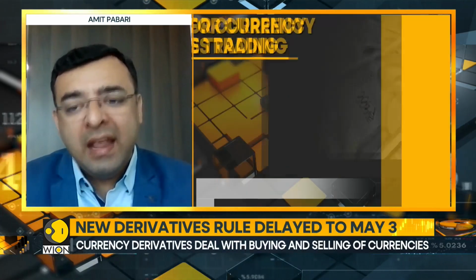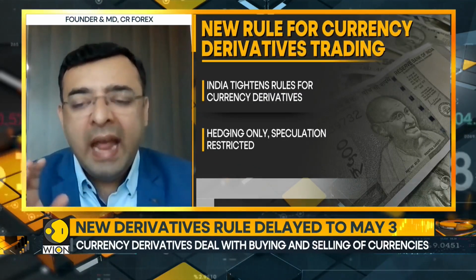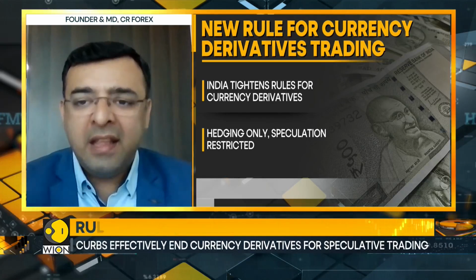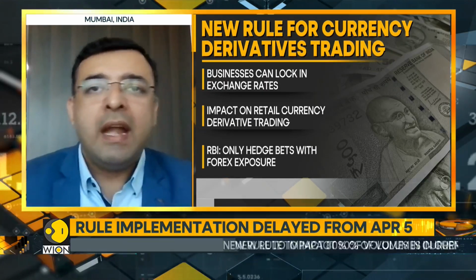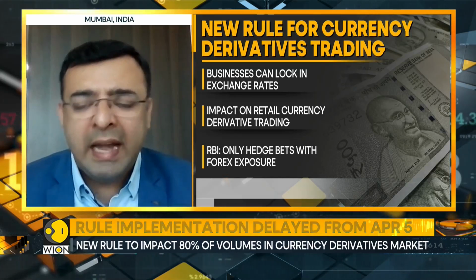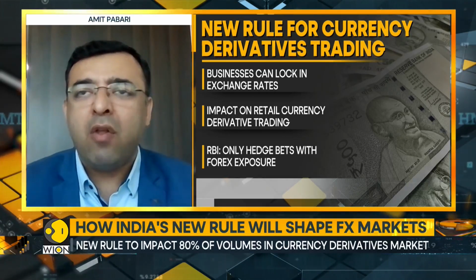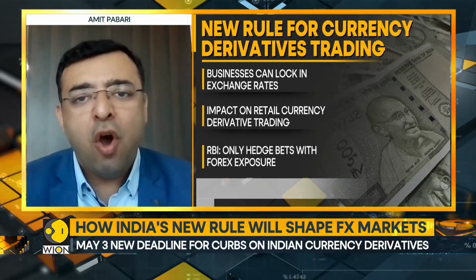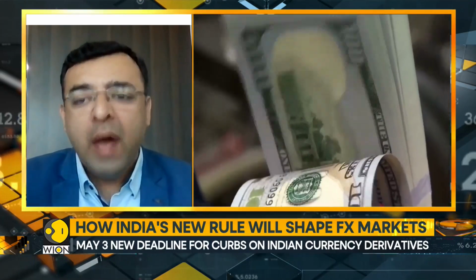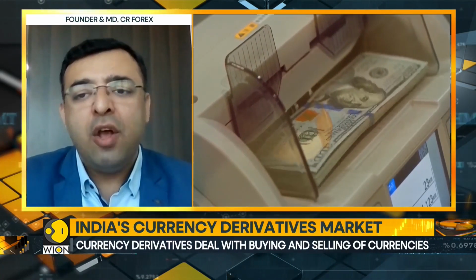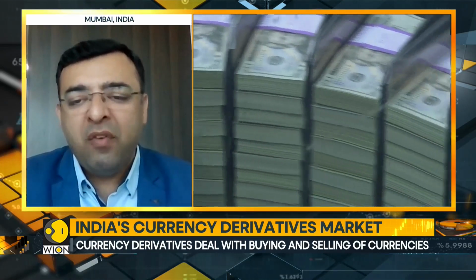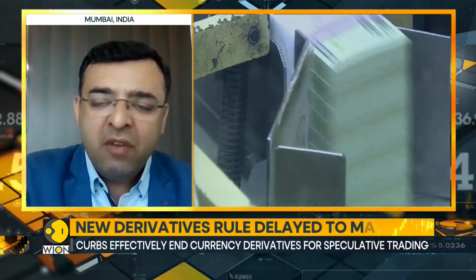Now, as far as hedgers are concerned, hedgers can hedge in bank also, and hedgers can hedge in the currency derivative segment also. Now, we have close to 500 clients all across India, and out of that, 85 to 90% of hedgers prefer to hedge in bank. Only 10 to 15% of exporters or importers will prefer to hedge in currency derivatives.